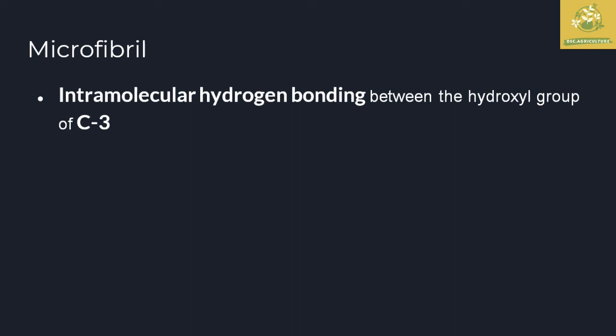You can see that clearly in the lecture notes in the description. The next is the microfibril, which is part of cellulose. A microfibril has intermolecular hydrogen bonds between the hydroxyl groups of the monosaccharides at the third carbon.